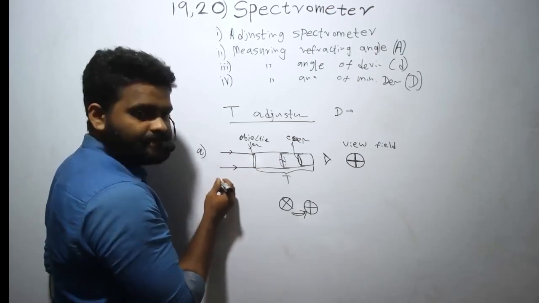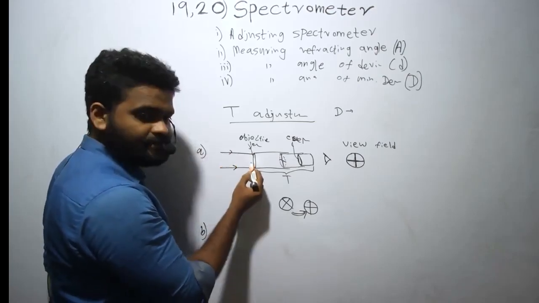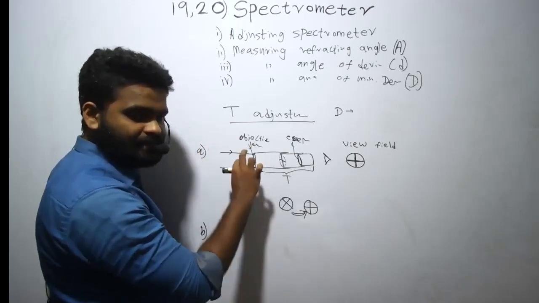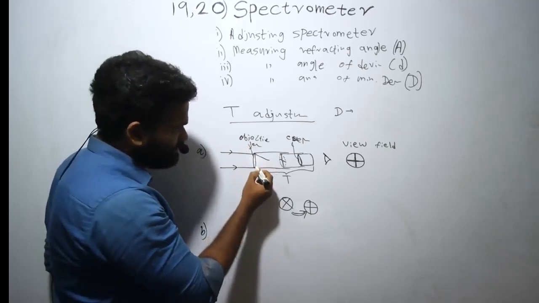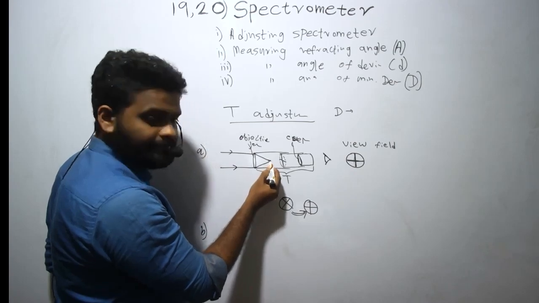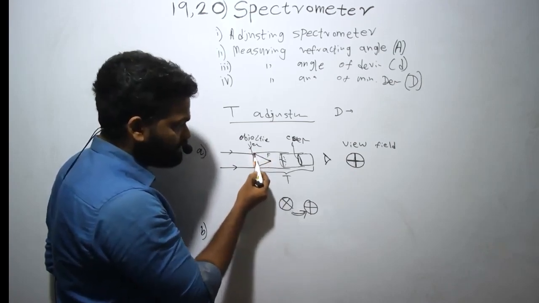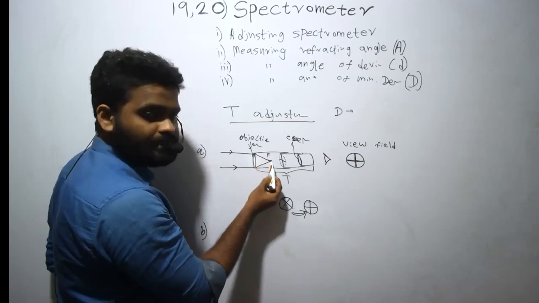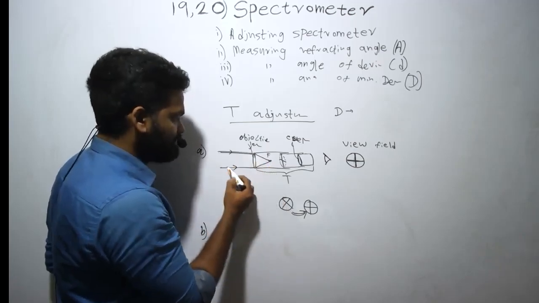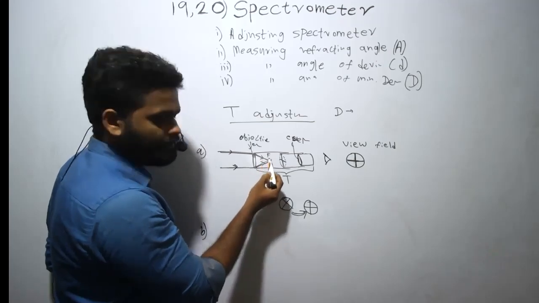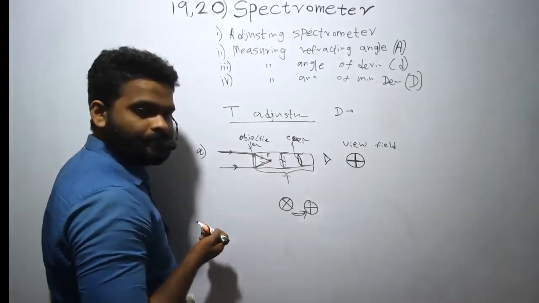Parallel rays coming from a distant object, from infinity, get converged to a point here. That point is the focus of this objective lens. Parallel rays get converged to this focus. Got it?